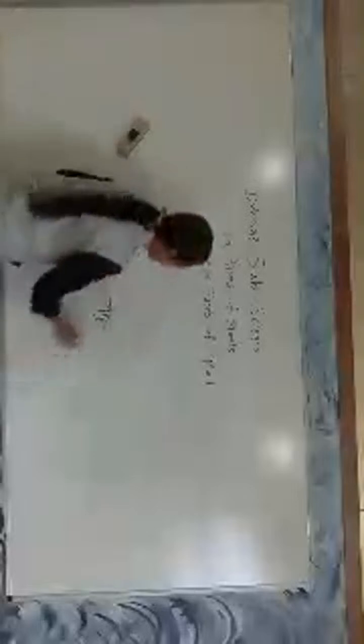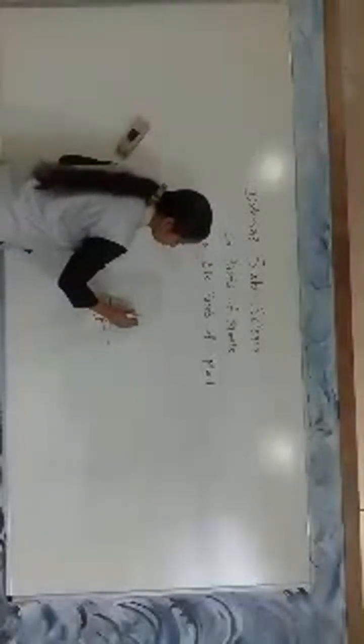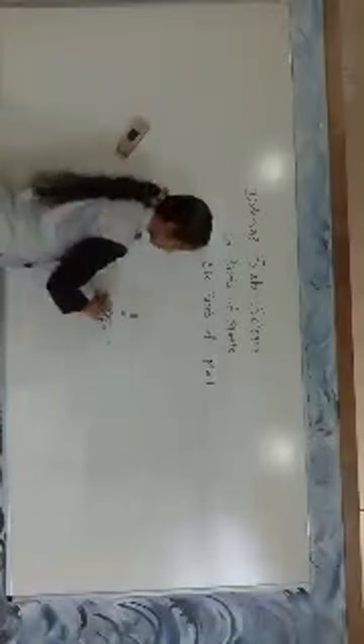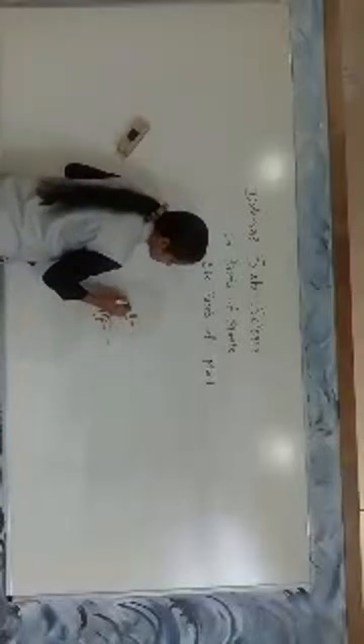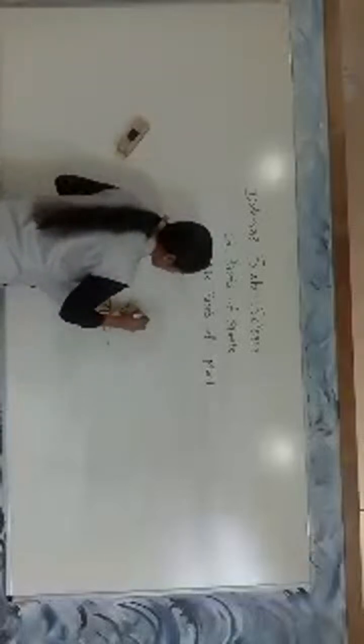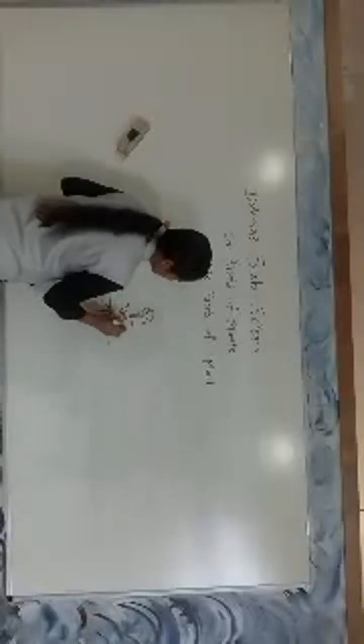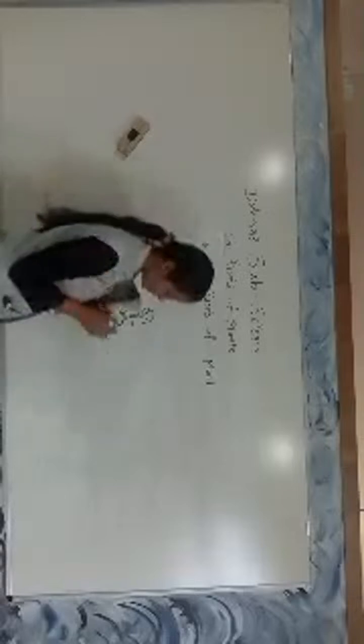Then from seed root grows, then stem. From the stem leaves, then flowers, and then fruit grows from the flower.